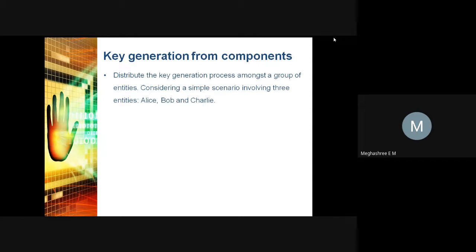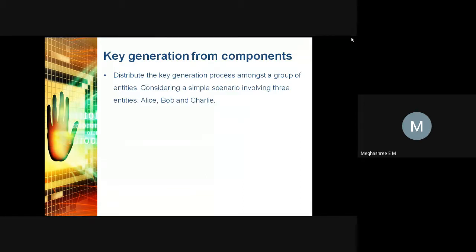I'll repeat, in the direct key generation method, or key derivation method, in both methods only one entity has full control of a particular key generation process. So what if that particular entity is compromised? If that entity which takes complete control of the key generation is compromised, then the whole crypto system will get compromised, right?